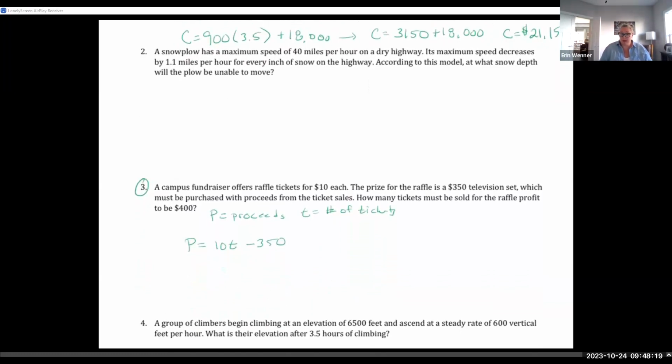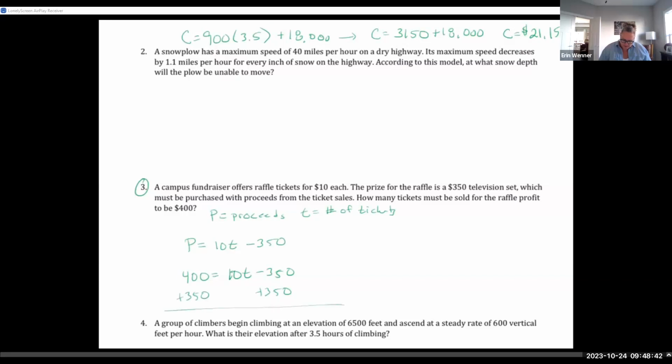So going back to number three, we want to know how many tickets we have to sell in order to make a profit of 400. And so we're going to put 400 in for P. And to solve for T, we're going to add 350 to both sides. 400 plus 350 is 750.